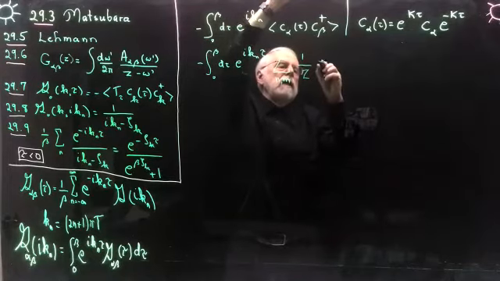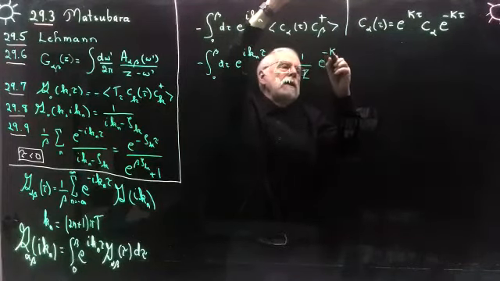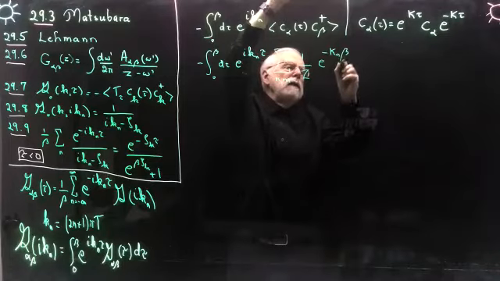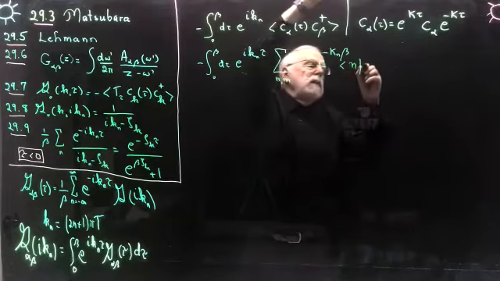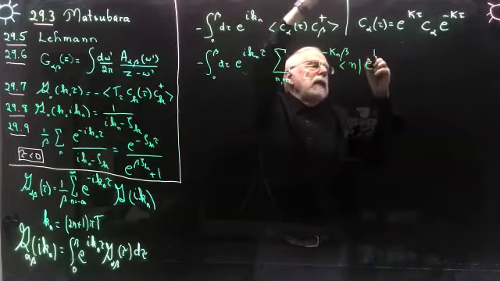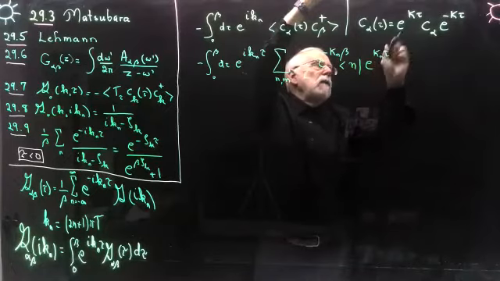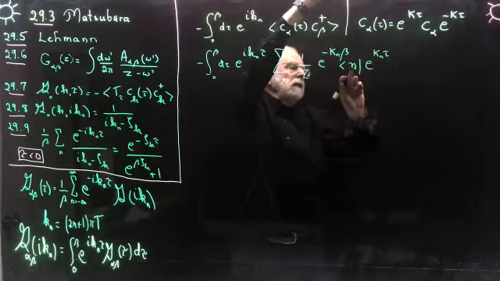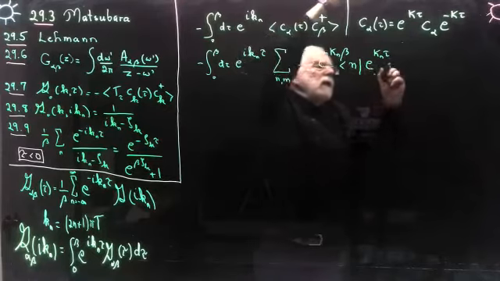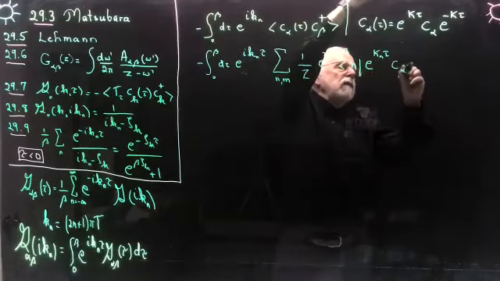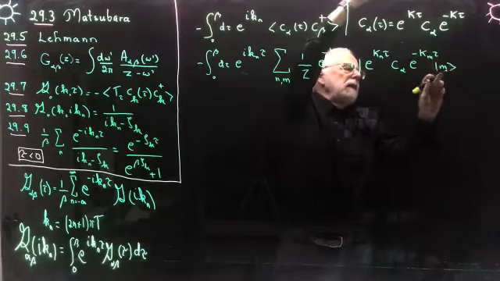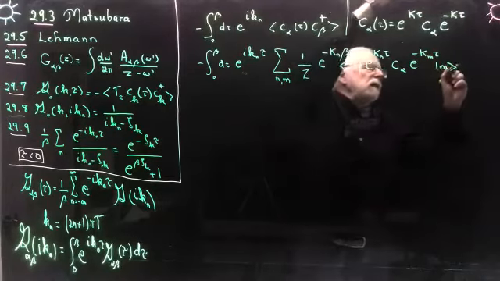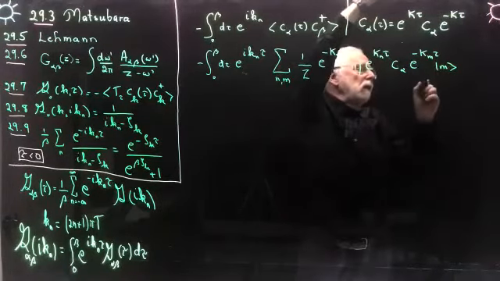So I have e to the minus K_n times beta, times n, times e to the K_n tau, because this operator acts on this, and I have C alpha e to the minus K_m tau, because it acts on this energy eigenstate, and I'm running out of space.